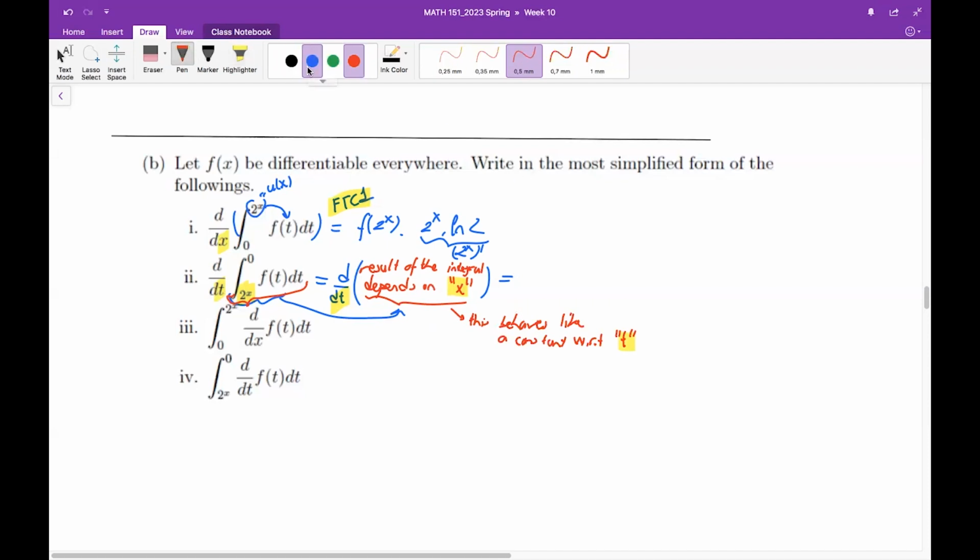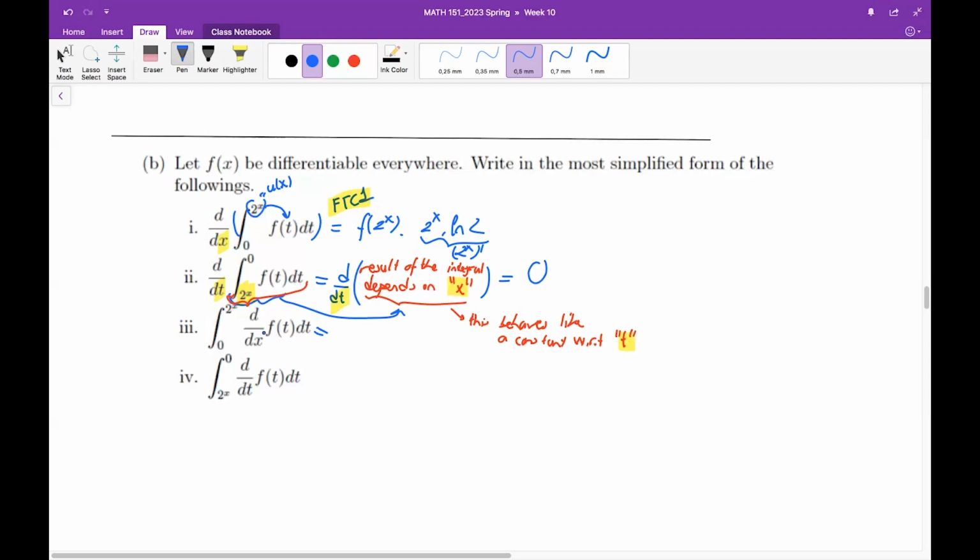That's why the result of this is just what? You can think that you have just a constant here because it consists of just x, not t. Inside the parentheses, you don't have any t. So the derivative of that expression with respect to t will be just 0. Okay? So that's it.